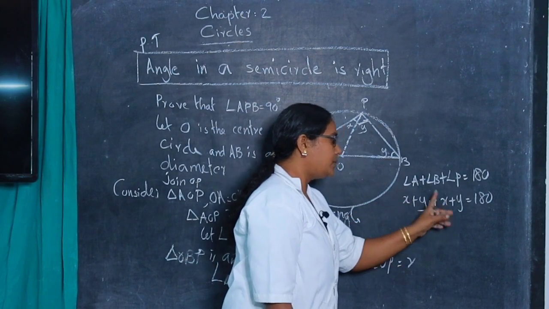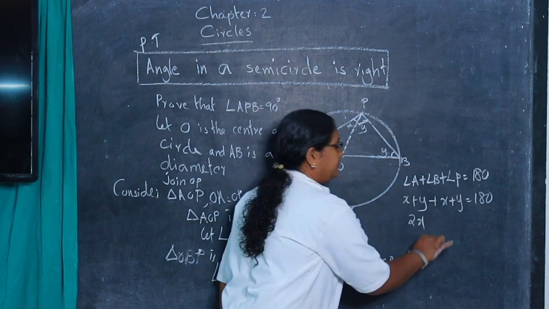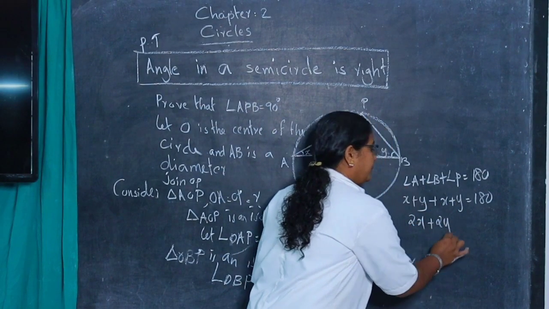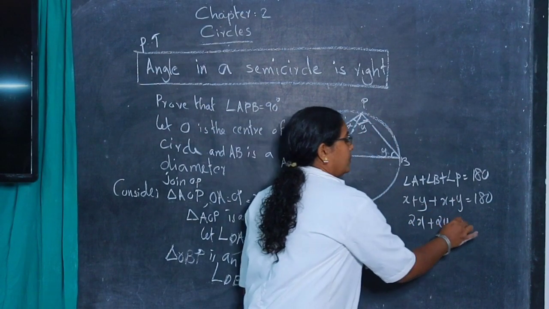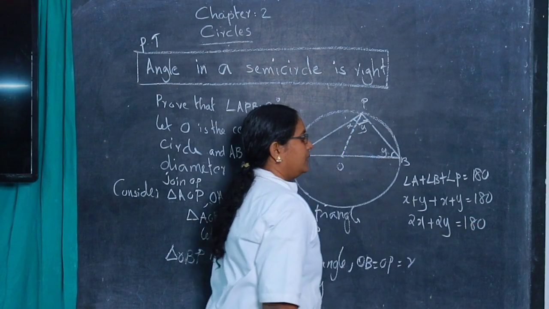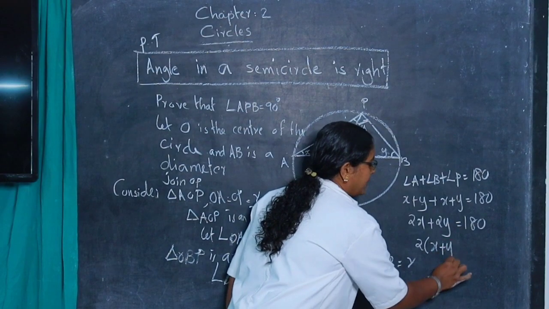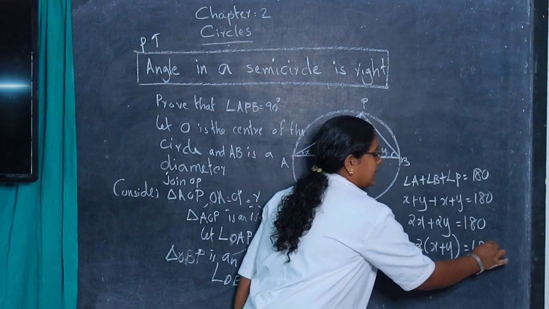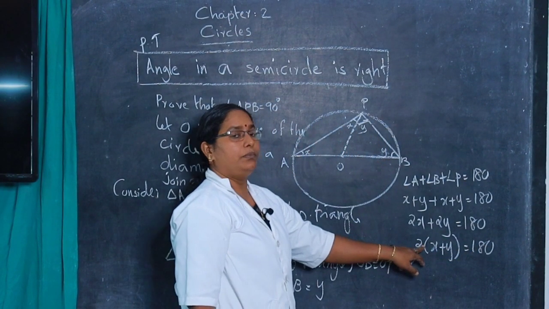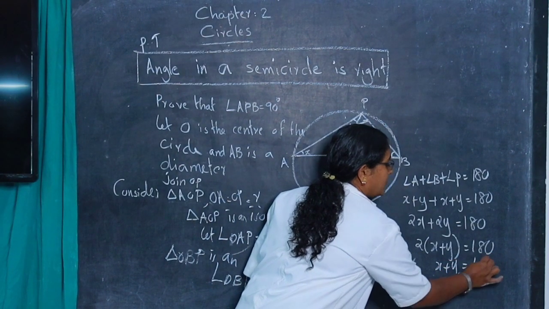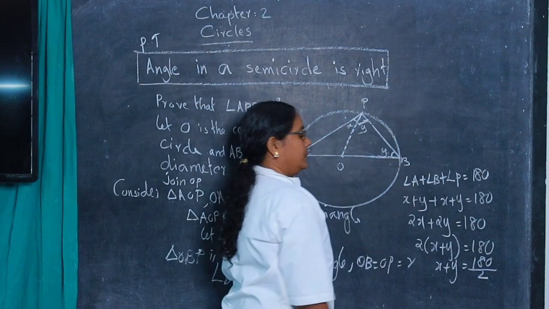Therefore, X twice is 2X, and Y twice is 2Y, equal to 180. Taking 2 outside, 2 times X plus Y equals 180. Bringing 2 to the RHS, X plus Y equals 180 by 2.